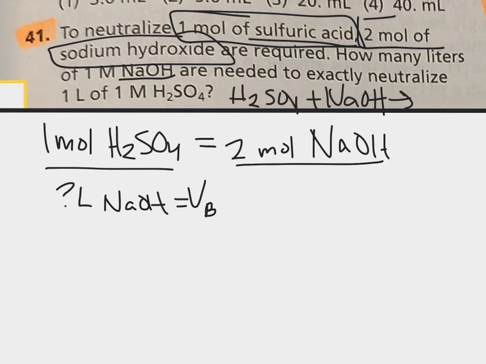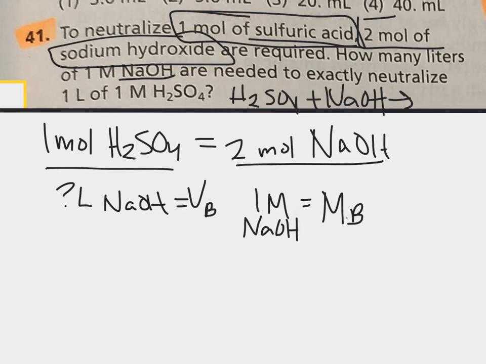How many liters? And we know that it has a molarity, whoops, let me write that out, MB. 1 molarity, or it's a 1 molar solution of sodium hydroxide. So that is your concentration, which again means it's the molarity, MB. All right, what else do I know?